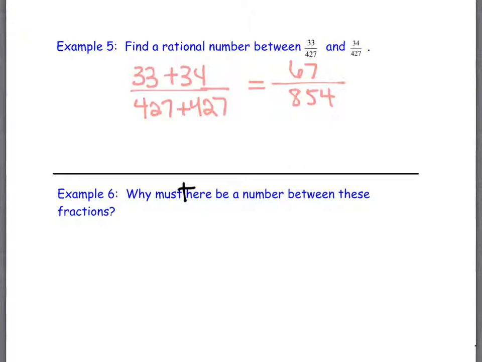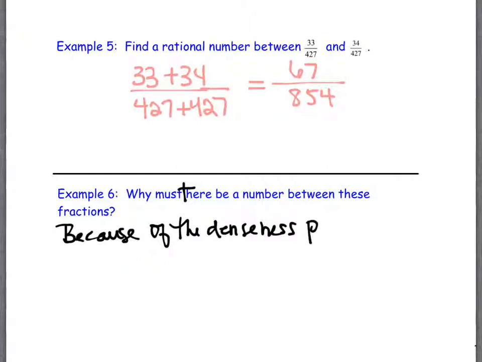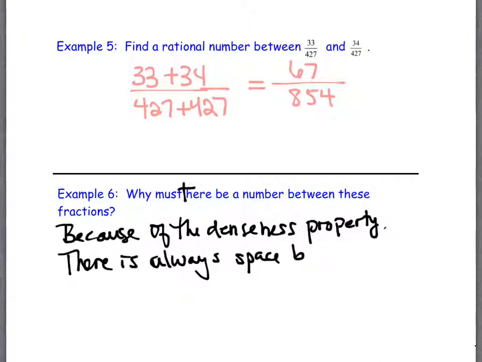So you could actually talk about, because of the denseness property, I mean, that's what the previous slide actually said. The denseness property says there is always space between two non-equal numbers. Obviously, this wouldn't work if the two numbers were equal to start with, but they have to be two non-equal numbers.